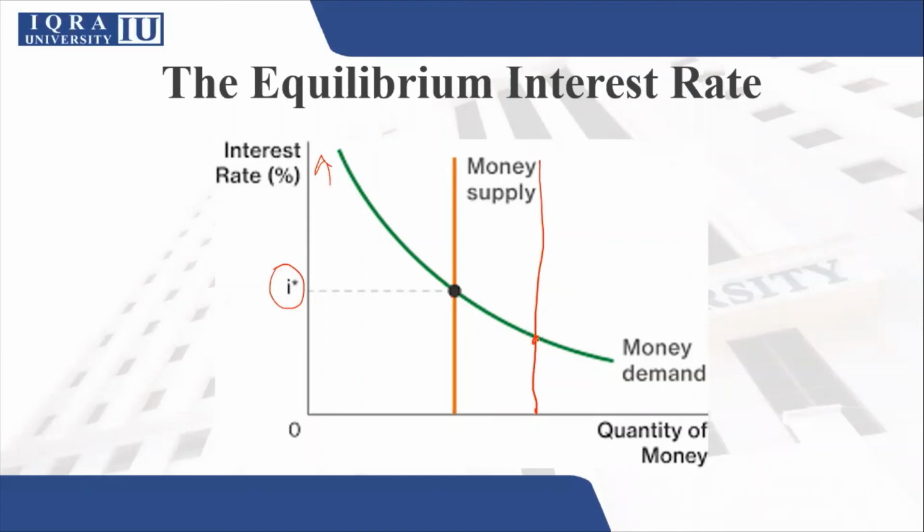Because of that, the market equilibrium has changed. Your interest rate has actually gone down. And similarly, if the money supply is decreased, it will shift this way, and in that case, your interest rate is going to increase. And if the interest rate increases or decreases, automatically all of the tools that you're going to use for your treasury operations will have an impact on the interest rate being charged over there as well.